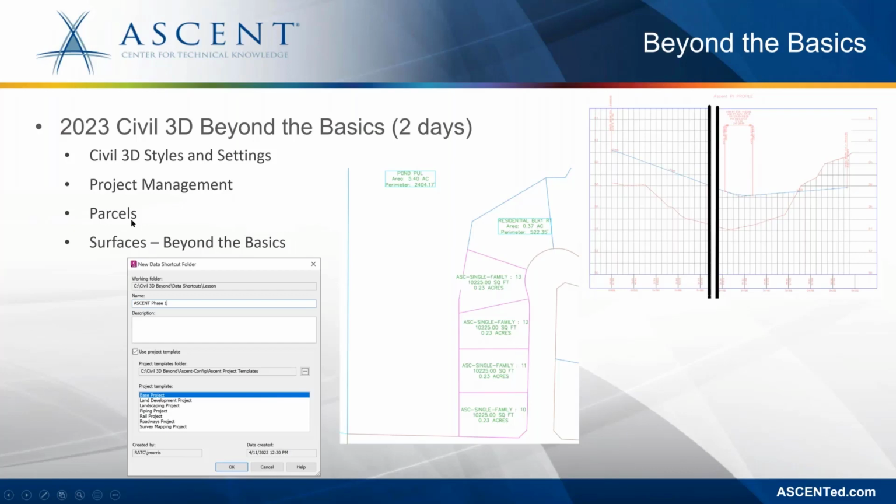The parcels was always part of the appendix in the previous fundamentals course. That's now a Beyond the Basics topic. And for the surfaces, we build surfaces in multiple different ways, one from contour data, one from GIS data, and one from point clouds.